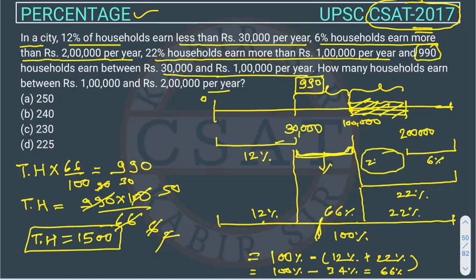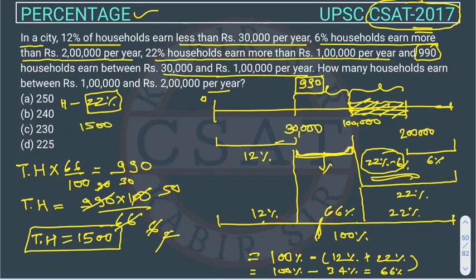This will be 22% minus 6% or not? Are you following me or not? So in percentage terms, the households between 1 lakh and 2 lakhs will be 22% minus 6%. So we have to just calculate that percentage of total households. That will be our answer.